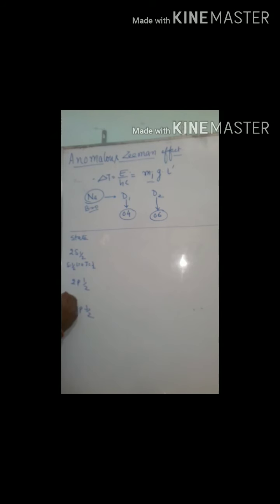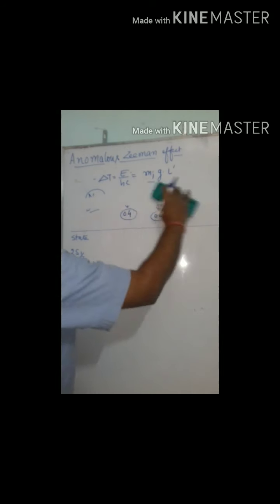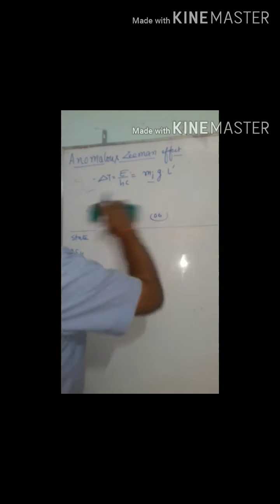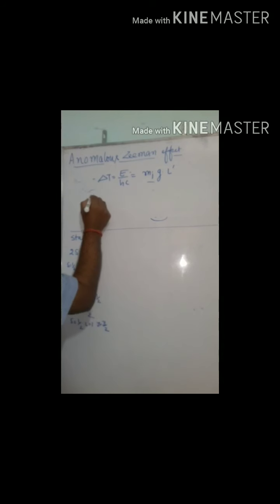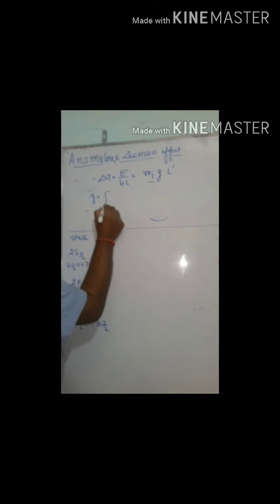Similarly for this, s is equal to 1/2, L is equal to 1 and j is again 1/2. Here s is equal to 1/2, L is equal to 1 and j is equal to 3/2. These are the values. One more thing I want to write over here is the value of g. g was equal to how much?